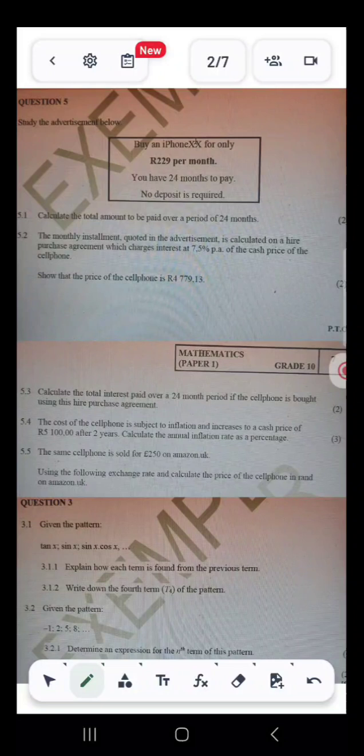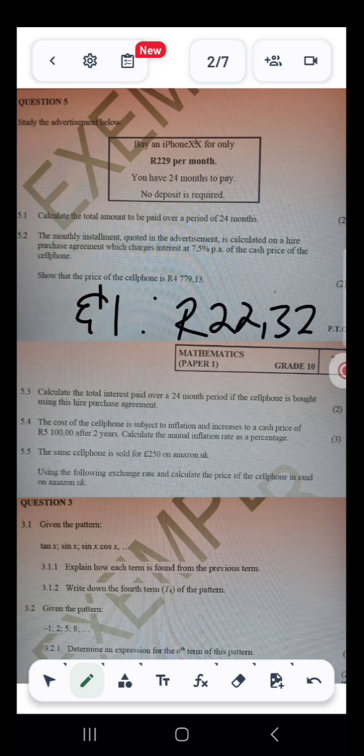The exchange rate is not visible on this screen, but I can see it here. Our exchange rate says £1 is 22 rand 32 cents, meaning to buy 1 pound you will spend 22 rand 32 cents.